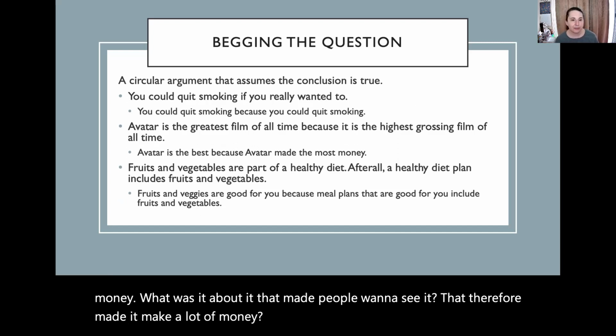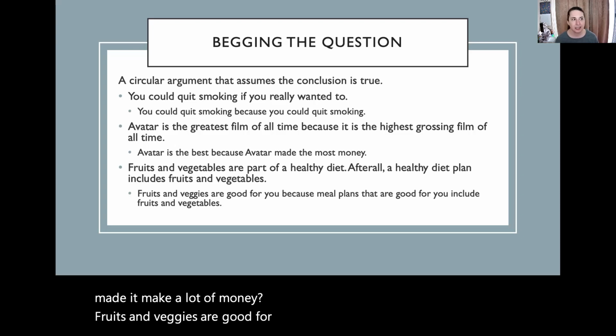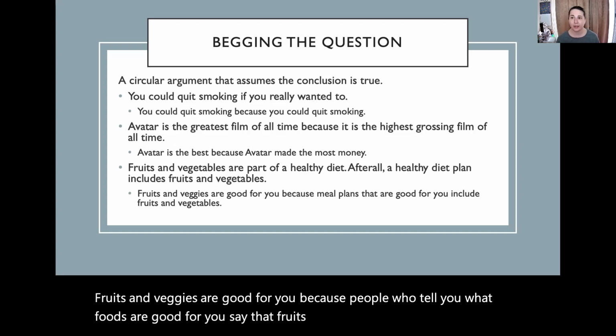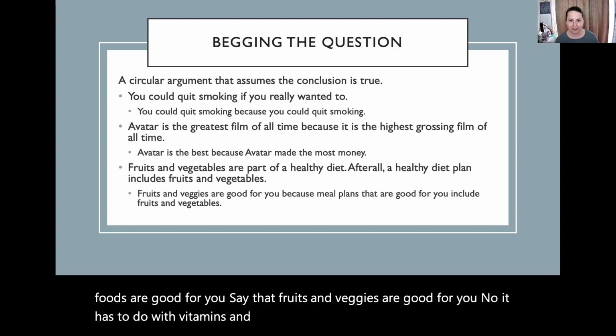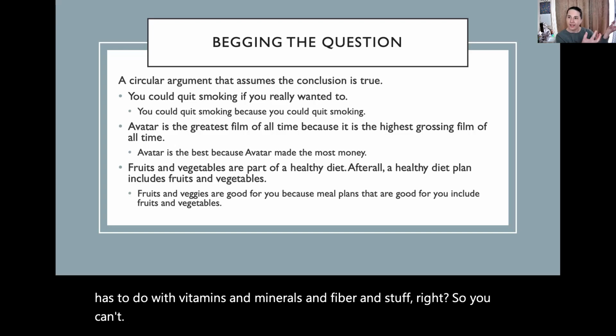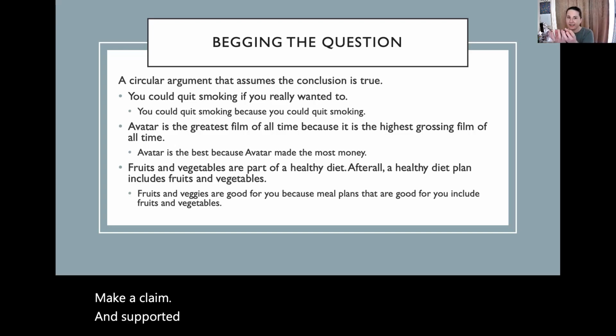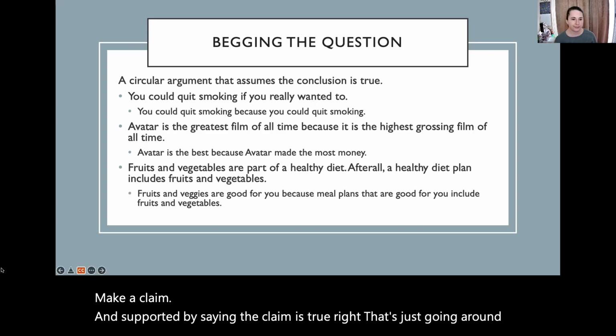Fruits and veggies are good for you because people who tell you what foods are good for you say that fruits and veggies are good for you. Well, no, it has to do with vitamins and minerals and fiber and stuff, right? So you can't make a claim and support it by saying the claim is true, right? That's just going around in circles.